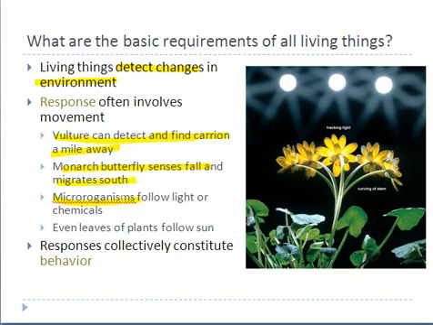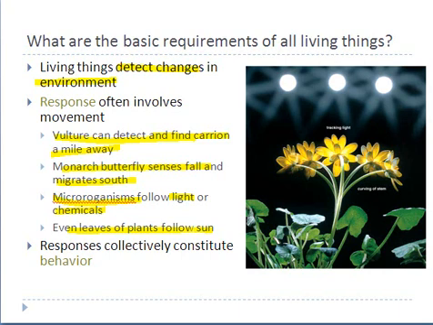Certain microorganisms, certain bacteria, will also follow light or certain chemicals, and they will either drift or move towards it. Even plants can follow the path. For example, if you have a plant in a pot in your home and you notice that over a period of time the stems or the leaves are facing more towards the sunlight, and the plant looks almost lopsided, the best way to handle that is to keep rotating your pot so it has uniform growth.